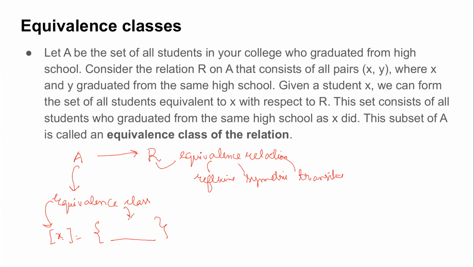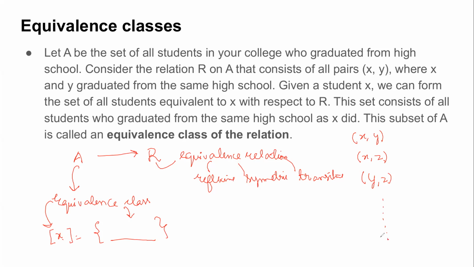Suppose set A is your entire batch, and I define a relation R that two people X and Y have graduated from the same high school. Since it's just a binary relation, even if there are 10 students from the same school, I'll have it in pairs, like X graduated from the same school as Y, X graduated from the same school as Z, which also means Y graduated from the same school as Z. And I'll simply list all these ordered pairs.